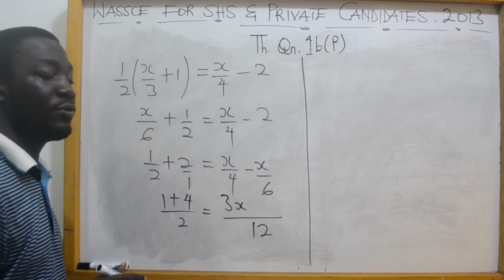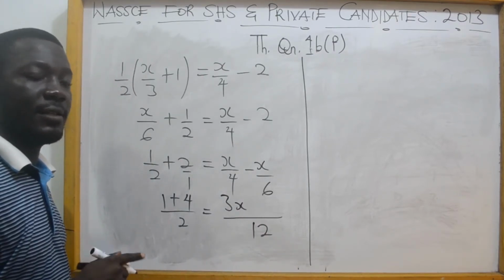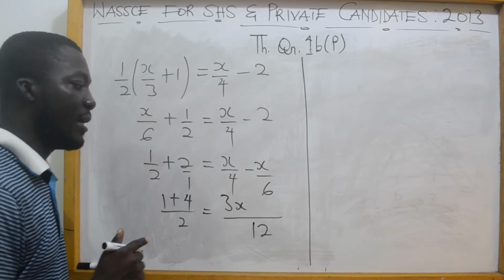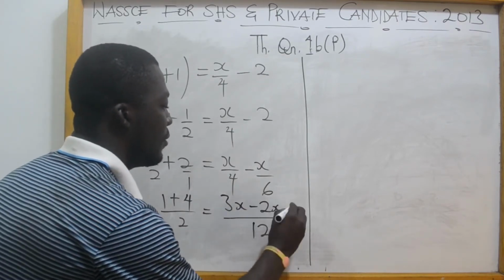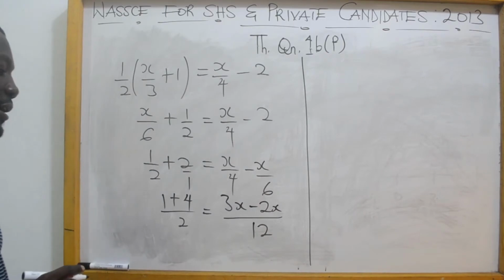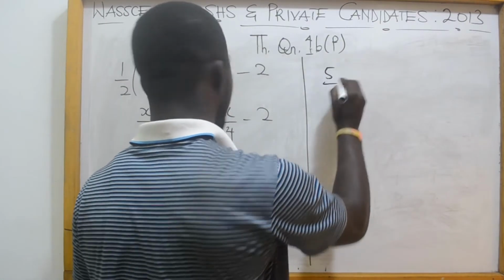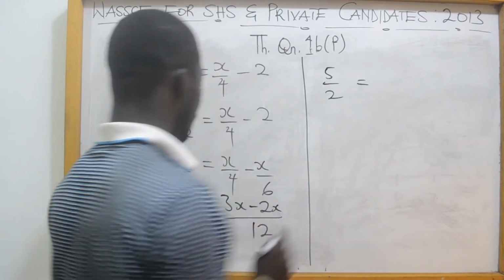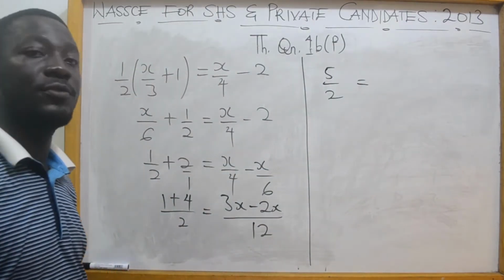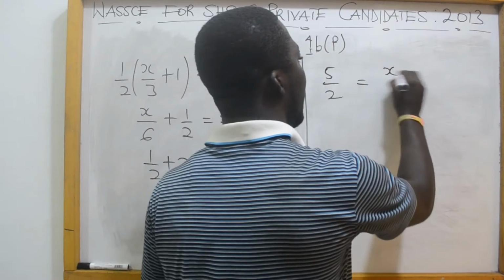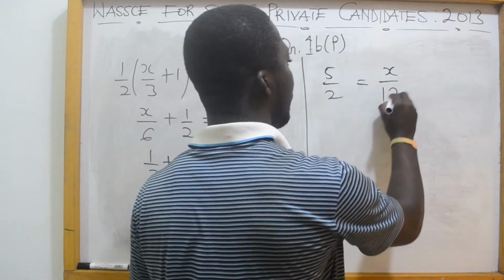Then 6 into 12 is 2, 2 times x is 2x. Of course, negative is already there. 1 plus 4 is 5, out of 2, is equal to 3x minus 2x, which is x, divided by 12.